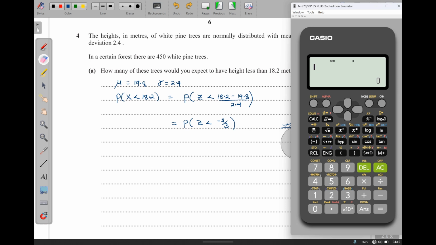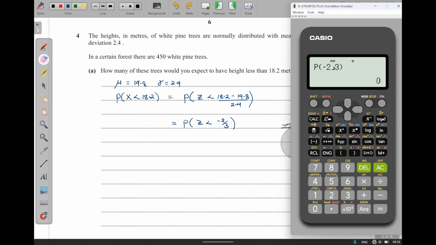Then you press shift, then you come to button 1 which has STAT, and then you choose distribution, which is 5. 1 is for the less than, that P is for the less than, 3 is for the greater than, okay? So we have 1, and then I can just put negative 2 out of 3 the way it is.